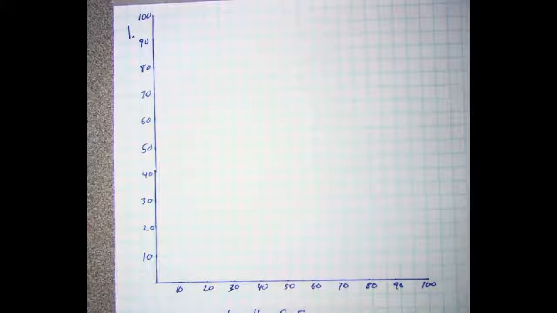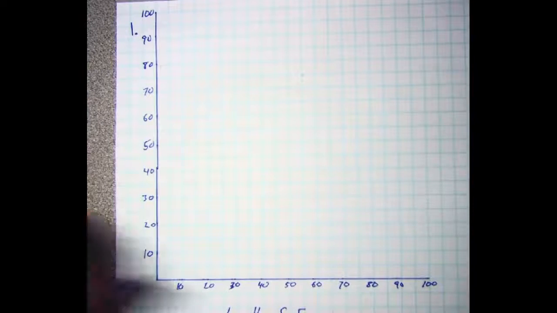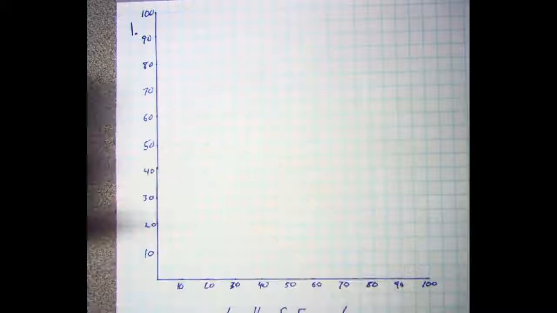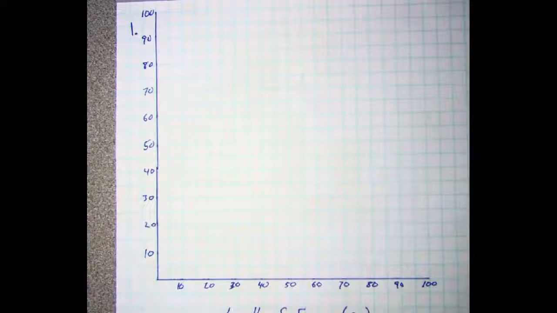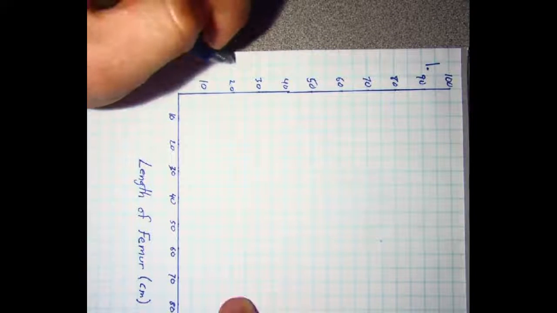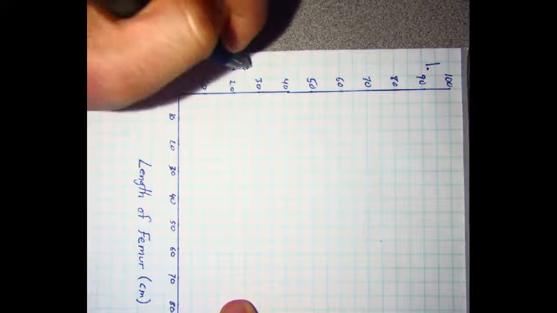And usually what you're measuring with or measuring by, you put in parentheses. In this case, I think it says centimeters. So in parentheses, put centimeters. On the vertical, let's go ahead and put the other one. So we've got length of humerus.